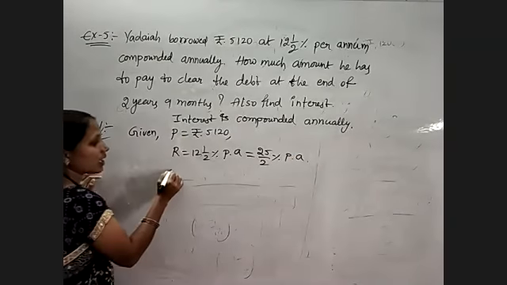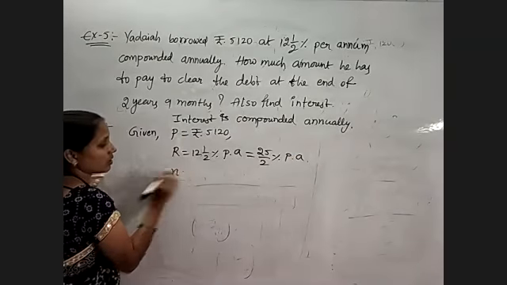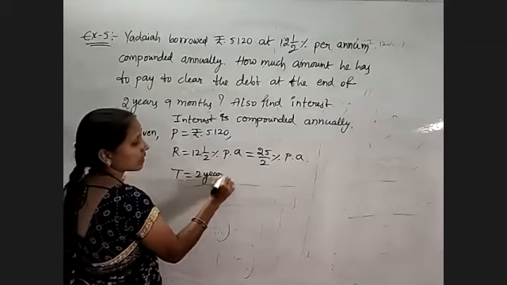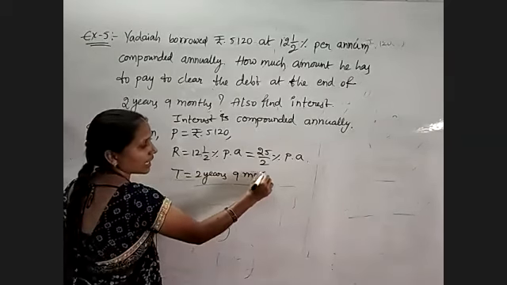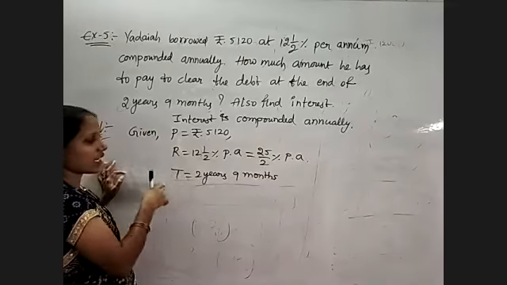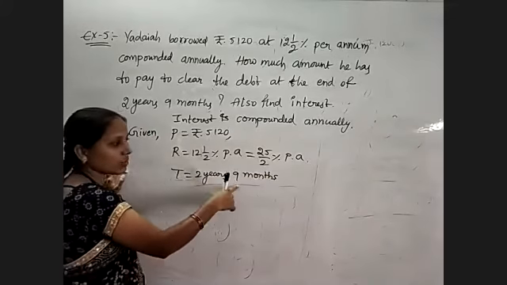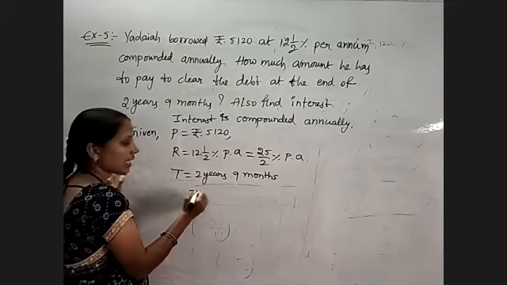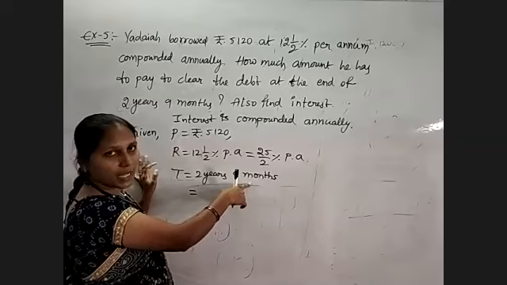And then N. Given that T is equal to 2 years 9 months. If T is given directly in years, then we directly write N as that many years. But here 9 months is also included, so convert the 9 months into years. Already I told you, whenever months are mentioned, we have 12 months per year.